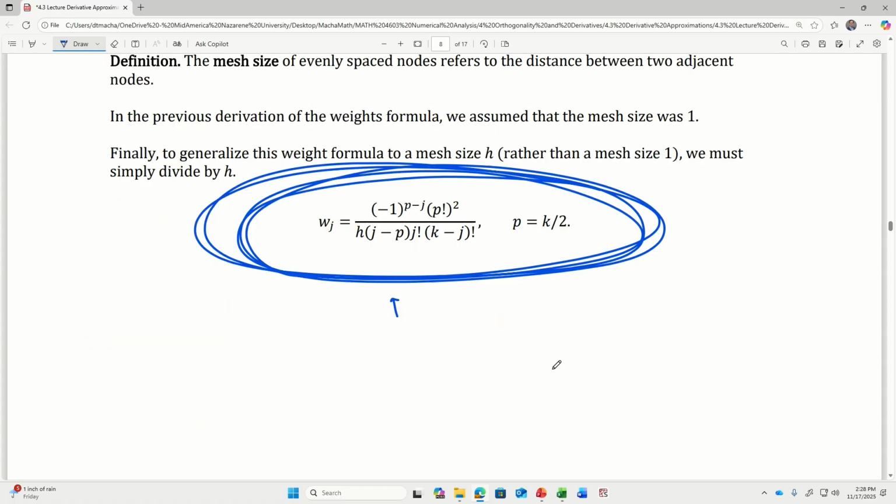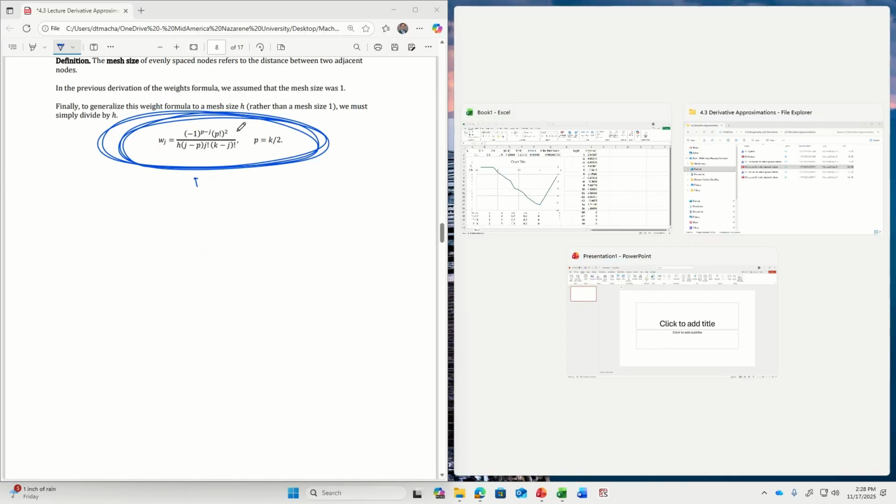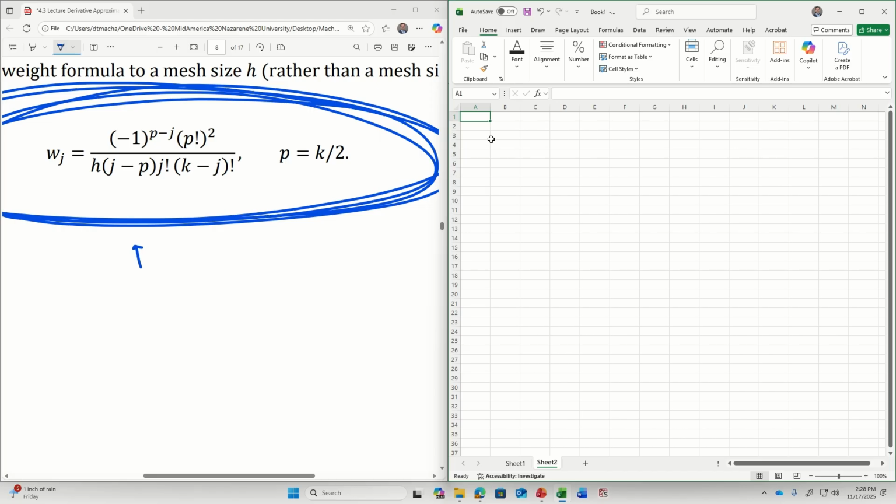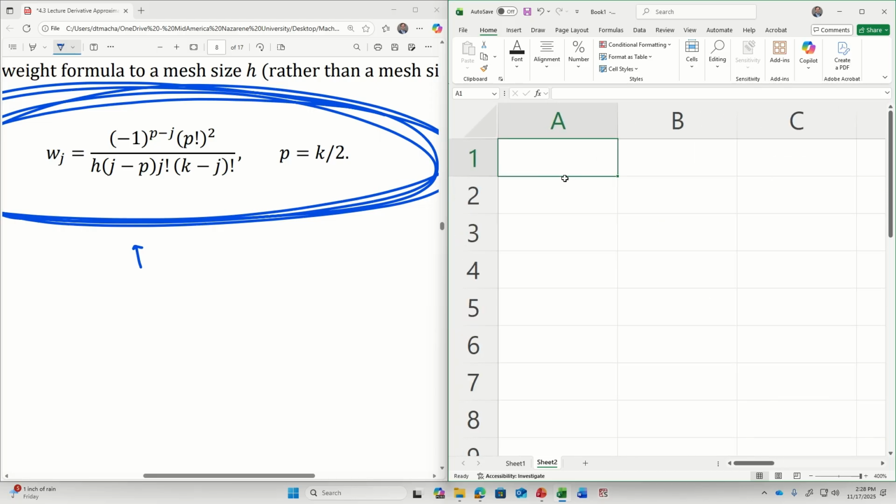And so let's keep this weight formula up. And I'm going to pick out a new page of Excel. And then we're going to need some nodes.